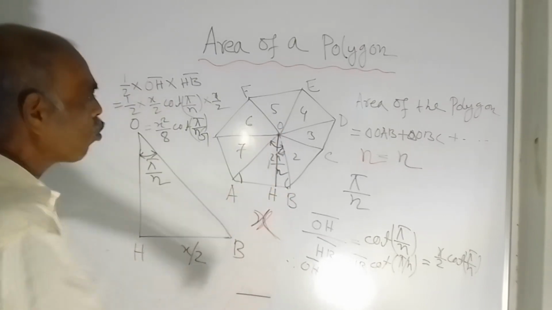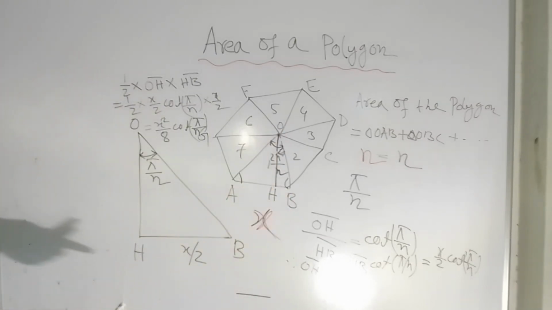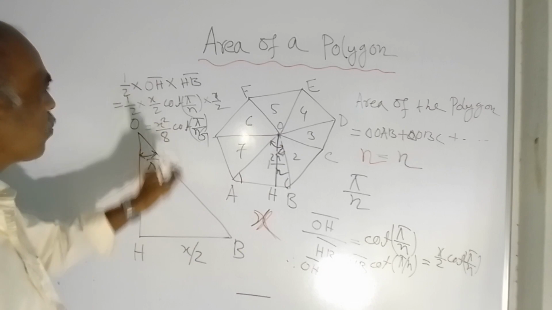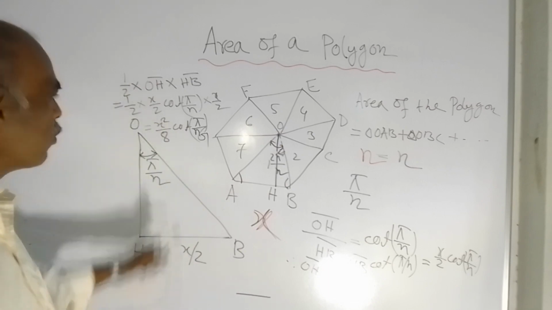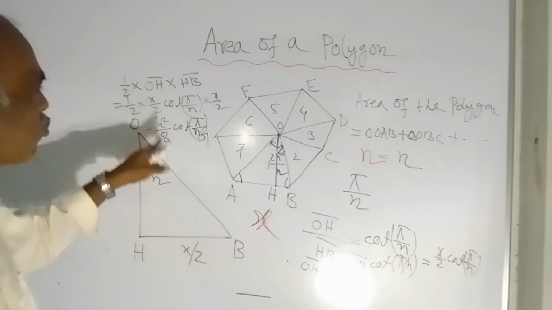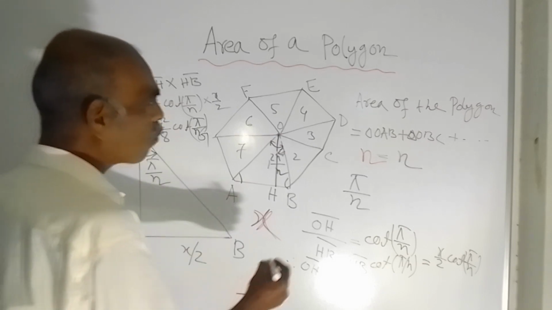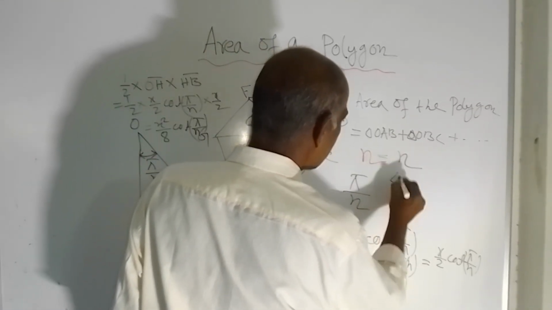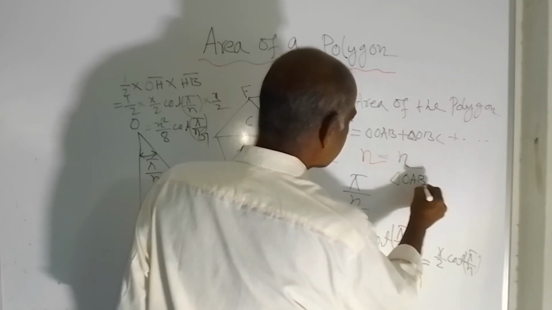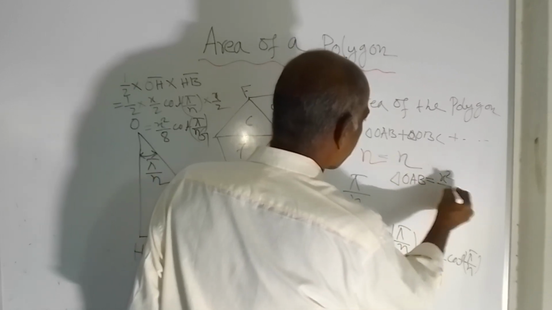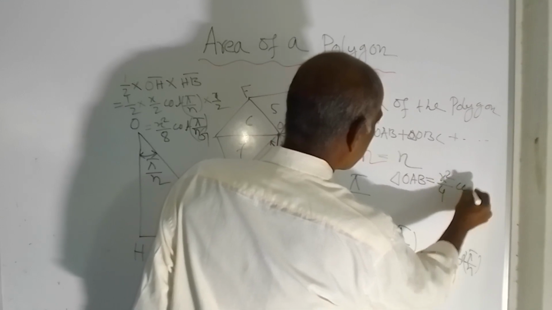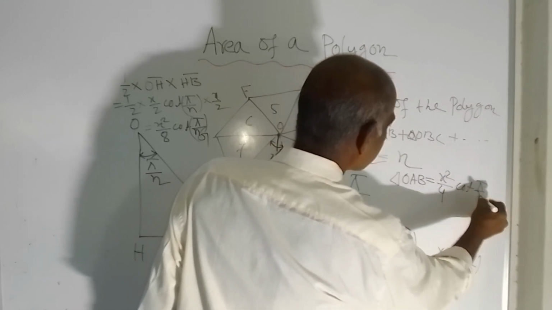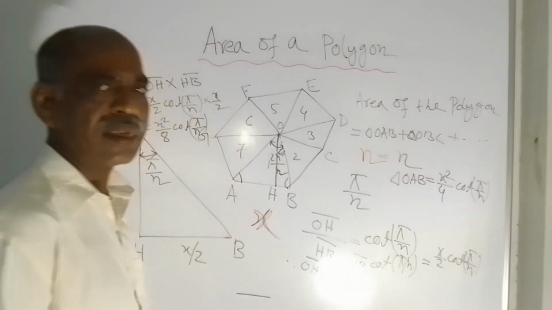Then the area of triangle OAB is how much? You just multiply this result by 2, and you will get x square by 4. So the area of the triangle OAB is equal to x square by 4 cot pi by n. Then what is the area of the polygon?